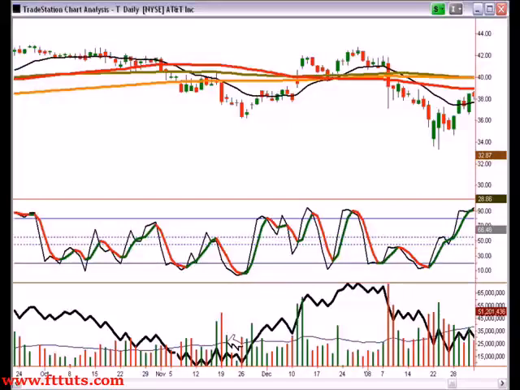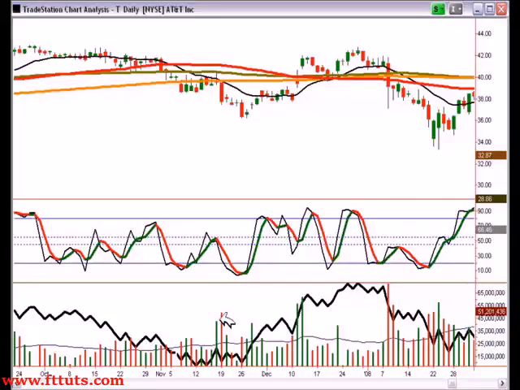The way this is color coded, it will give a green bar on volume if the corresponding price bar's close is not above the open of that bar, but it's above the close of the previous bar. So it's referencing the previous bar, and therefore it can be a different color than the candlestick. The candlestick turns red if the close of that bar is below the open of that bar. Volume isn't doing that.